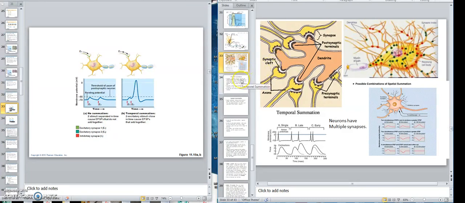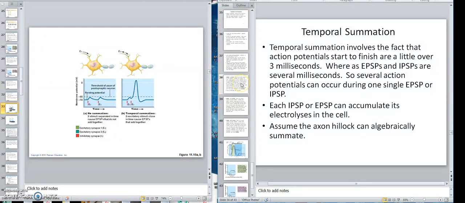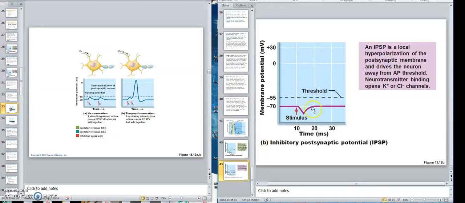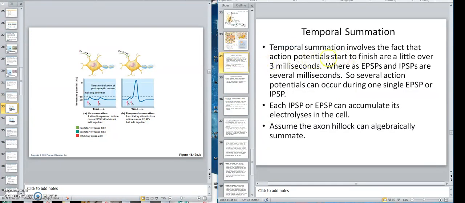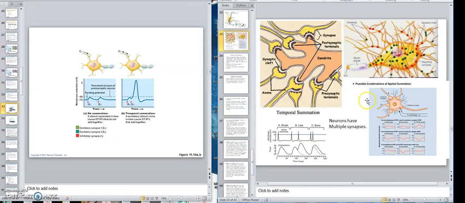It's accumulating. So what would end up happening is, and that's true even for the IPSP, look, it's about the same time frame. So what would essentially happen is, because we'll go back, that action potentials can come in as close as 1 millisecond, that you could build up electrolytes in there that might have enough to influence this neuron to fire at the axon hillock.